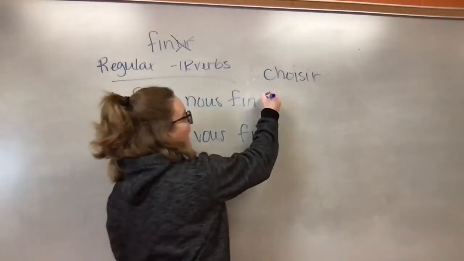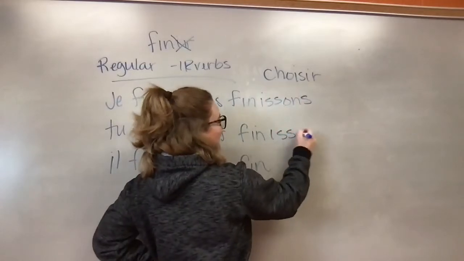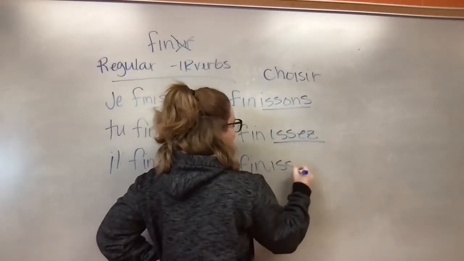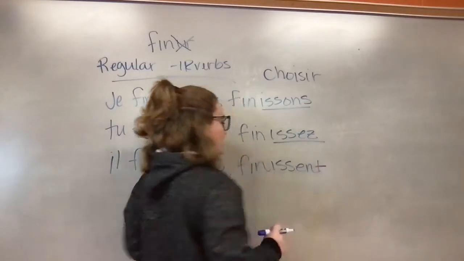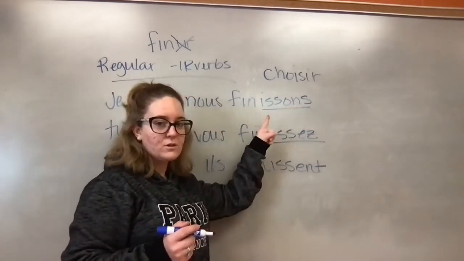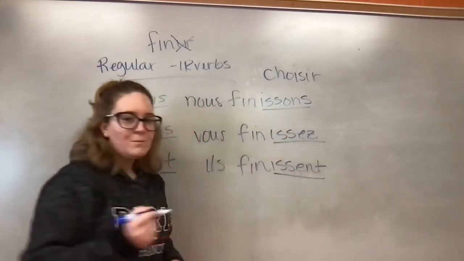For these ones, issons, issez, and issent. So rather than just the regular ent, ez, ons endings that we're used to, we also have iss before it. And it's kind of like spelling the word Mississippi.